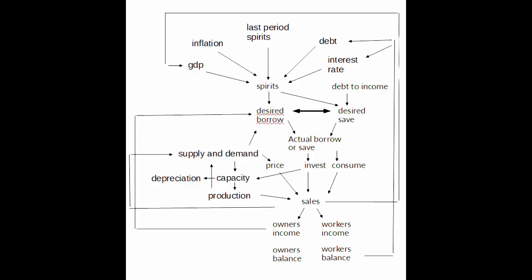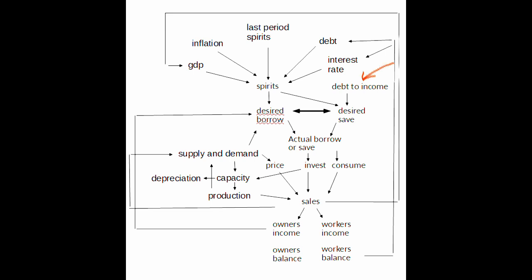You can see, starting at the top, that we have initially spirits, which are anchored in the last period's spirits, and then moved up or down depending upon the factors of inflation, GDP, debt, and interest rate in the last period. Those spirits then affect the desired amount that people want to borrow, and that's also affected on the investment side by the supply and demand situation, and of course it's again anchored in last period's income.